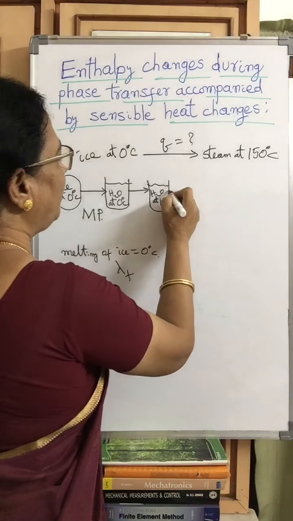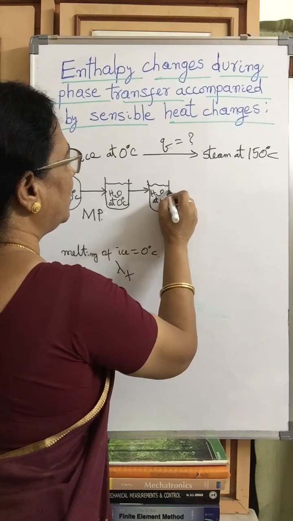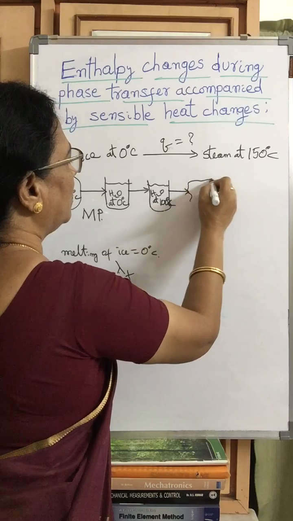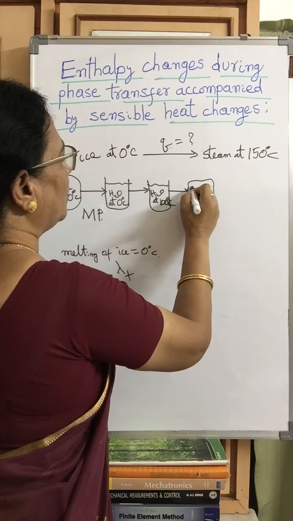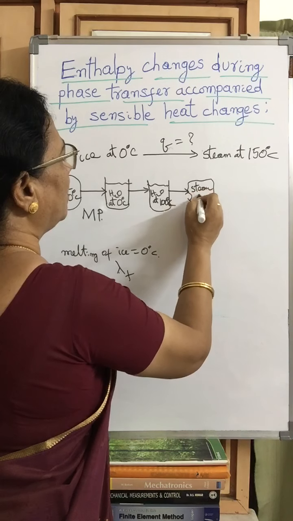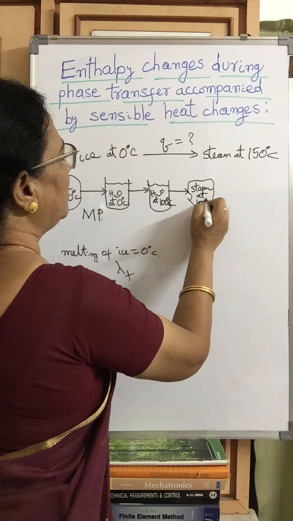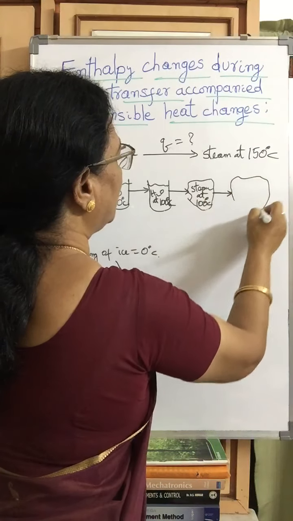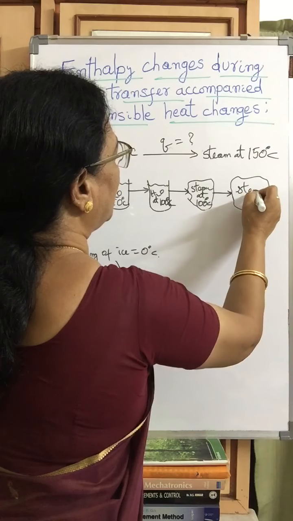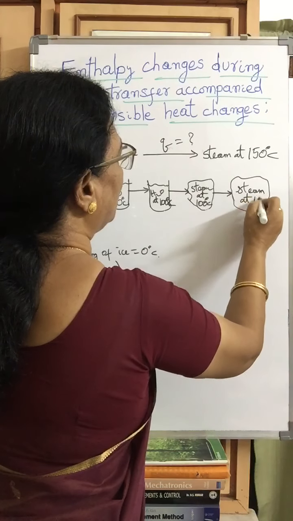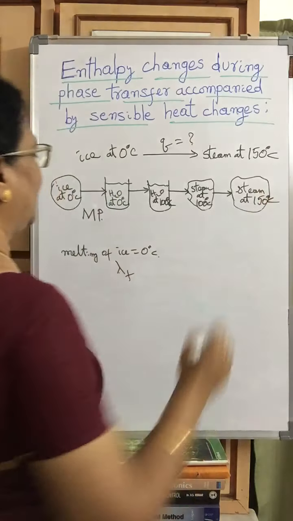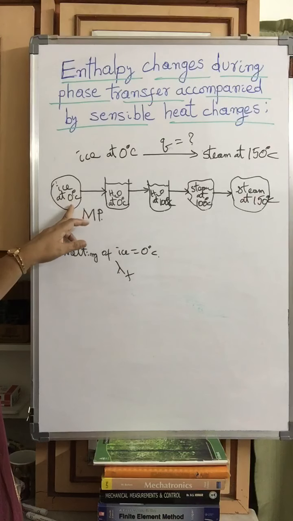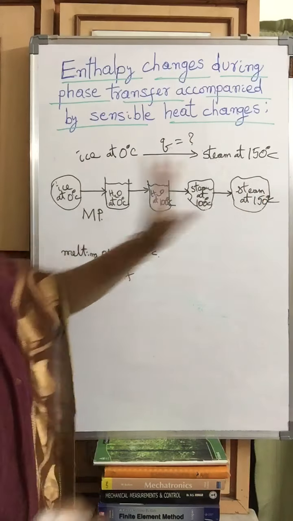Then after 100 degrees, water at 100 is to be converted to steam at 100 degrees centigrade. Then this steam at 100 degrees centigrade is to be converted to steam at 150 degrees centigrade. Like that, ice at 0 is converting to steam at 150.